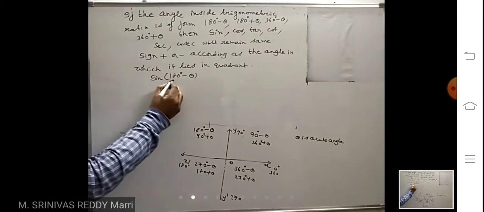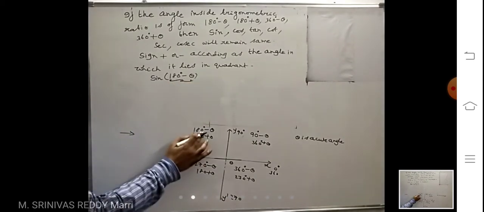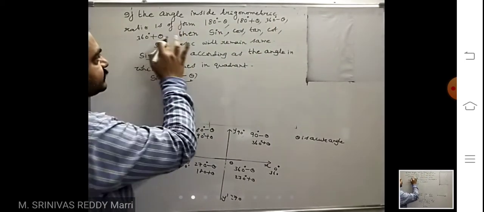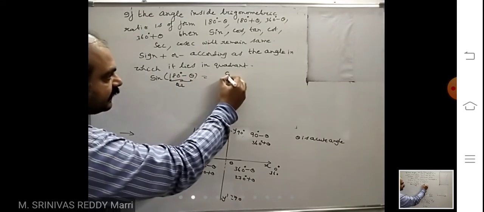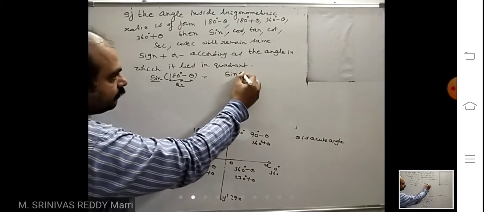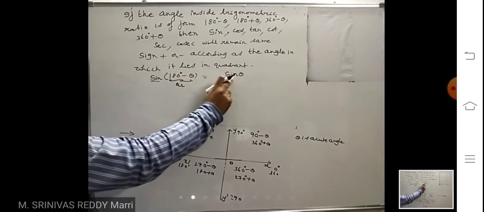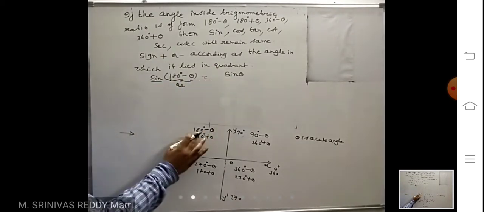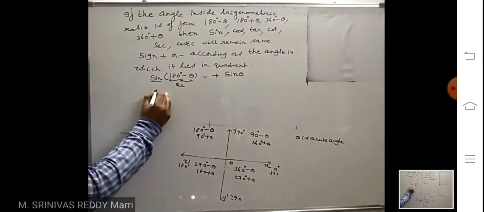So sine of 180 degree minus theta. This angle is in quadrant 2. If the angles are of this form, what you have to write is sine theta. Same. If sine is there, write sine same. This theta you will find out and you will write sine theta. In second quadrant, sine is what? In second quadrant, sine is positive. So plus sine theta.